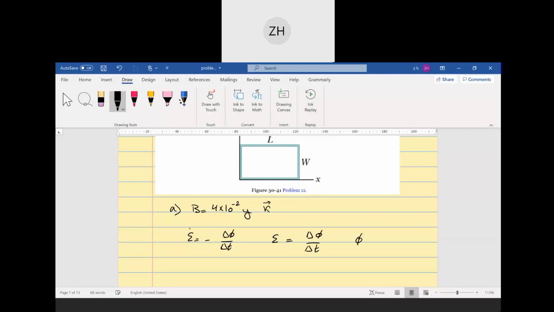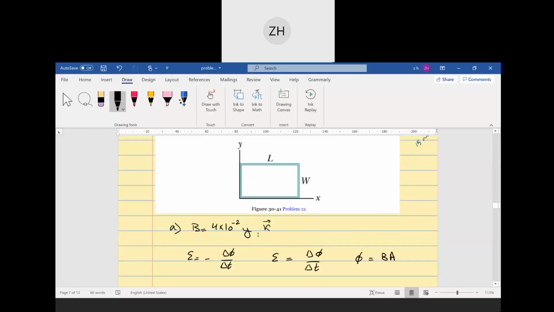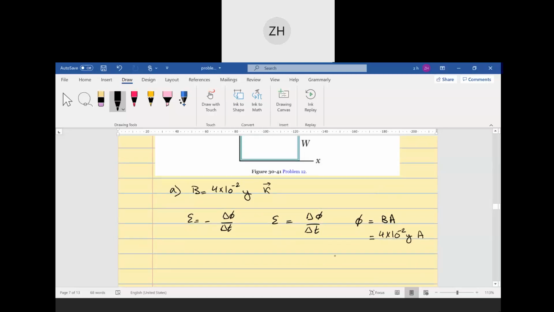The flux here is B times A. We can see that B is outside the page and it only depends on y, which means that it is not changing with time. So the flux itself will also be independent of time.